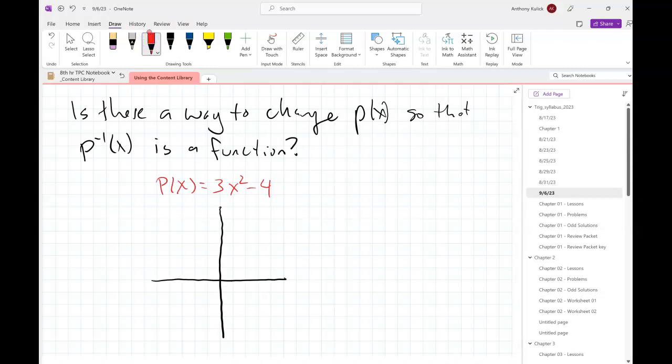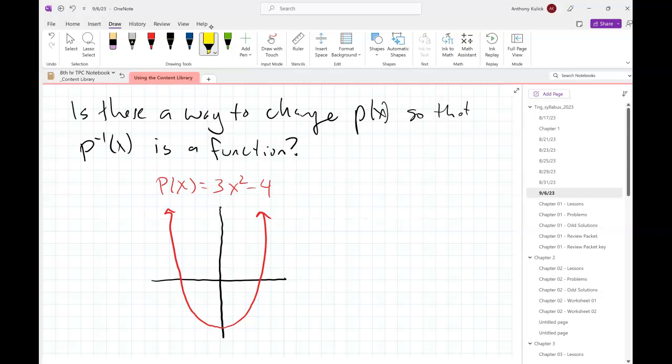If I graph P of x, it would look like this. Now this definitely fails a horizontal line test. This is very not 1-to-1. Everybody agree? Horizontal line test. Fails the heck out of that, right?